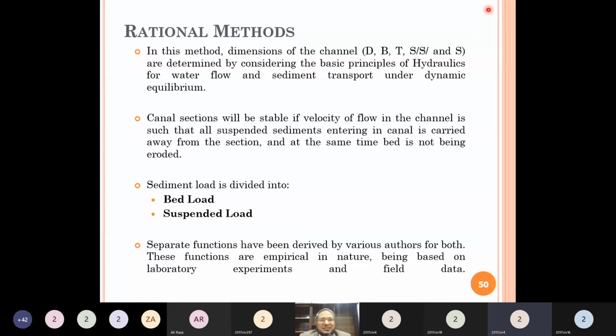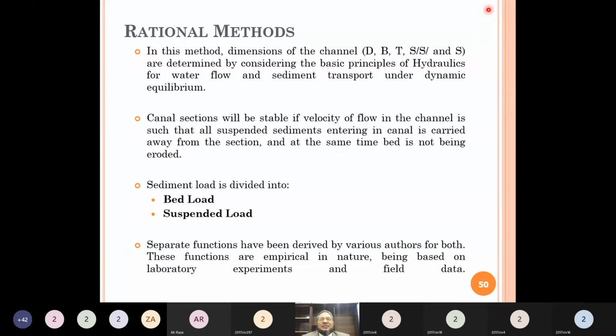No, lined channels are not designed using these regime theories. These regime theories are for the design of unlined channels or alluvial channels. So we will not use those. Then what do we use?